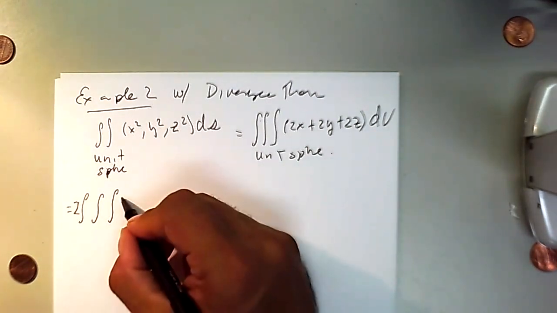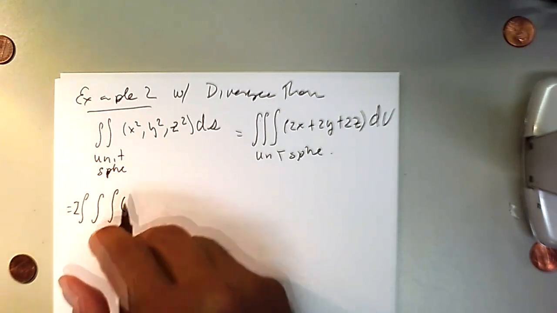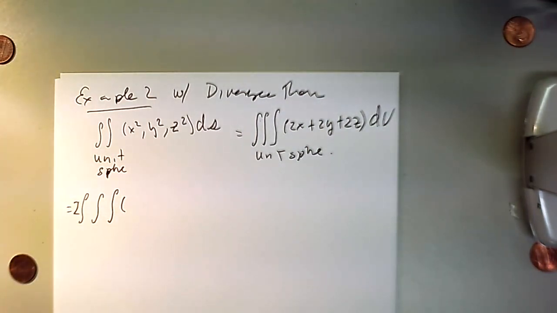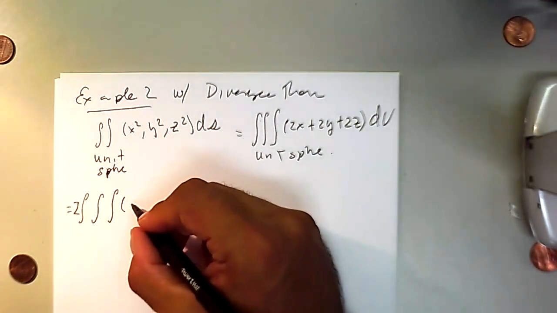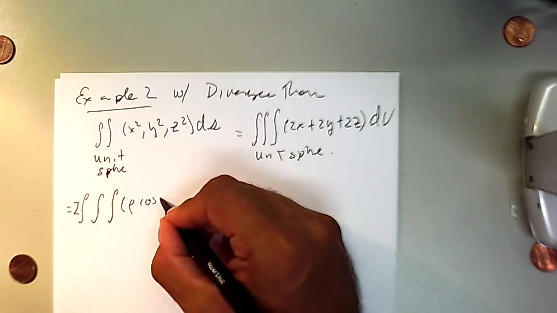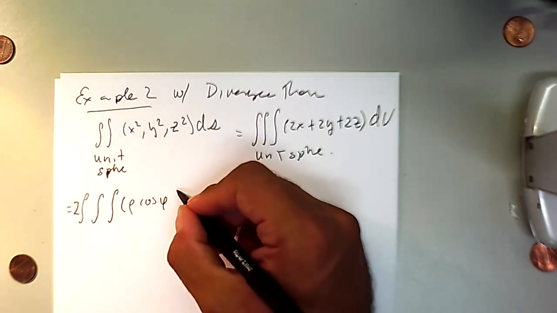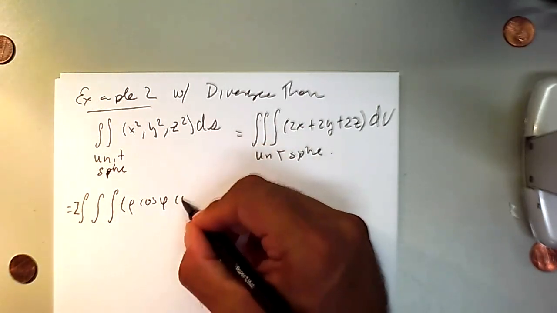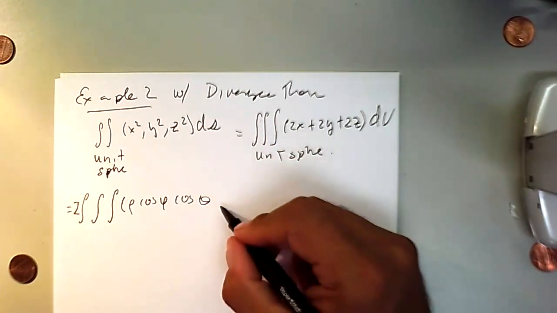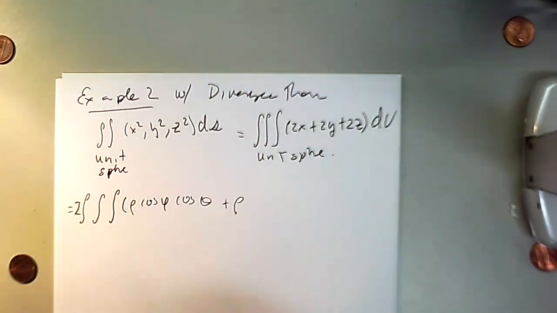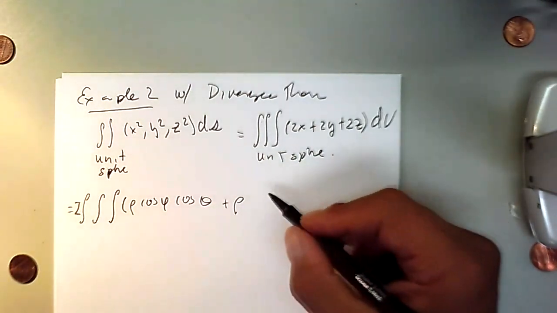So we would have, in spherical coordinates, rho cosine phi, sine of theta, rather cosine of theta, plus rho, I guess we could have factored the rho because everybody's going to have a rho.